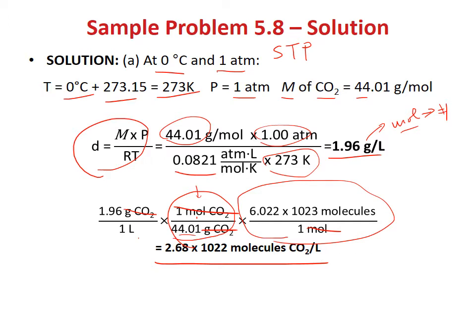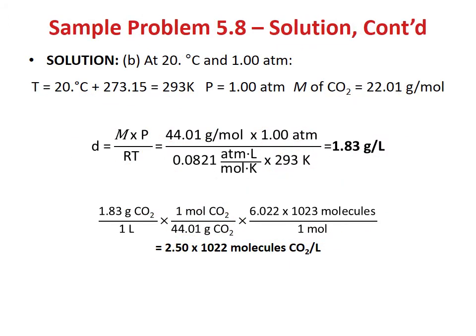At 20 degrees, 1 atmosphere, we first convert 20 degrees to Kelvin, and then plug in. So it's 298 Kelvin, molar mass, pressure, R constant, and that gives you 1.83 gram per liter.